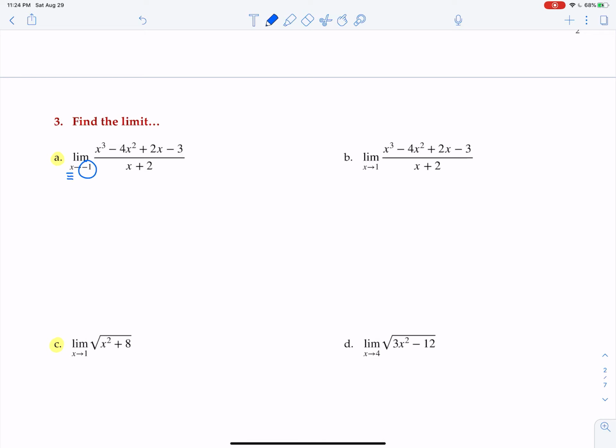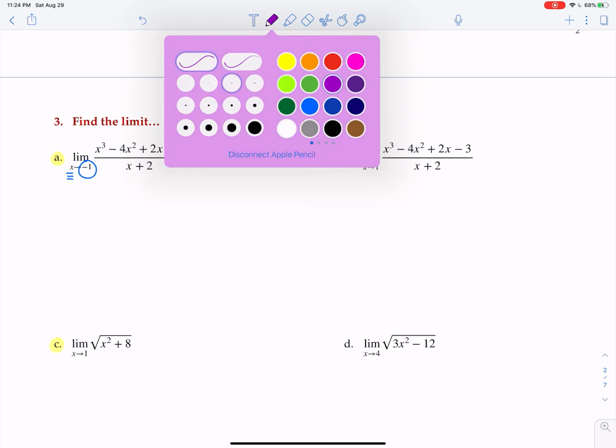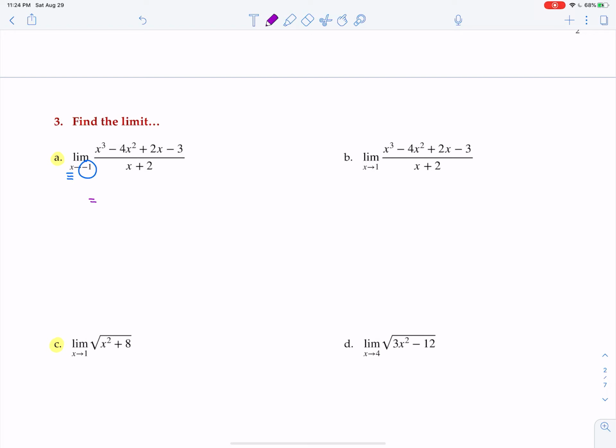So if I wanted to say the limit as x approaches -1 of this rational expression, all I would do is I can say that that is equal to -1 to the third minus 4 times -1 squared plus 2 times -1 minus 3 all over -1 plus 2.